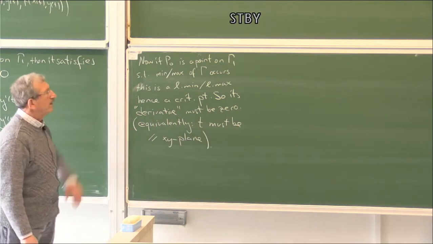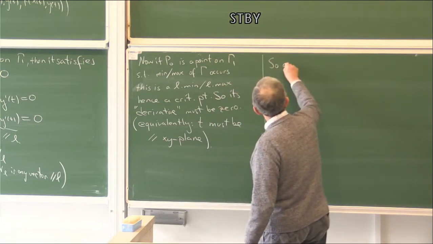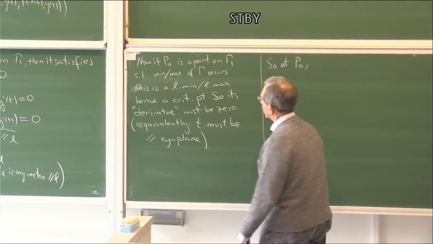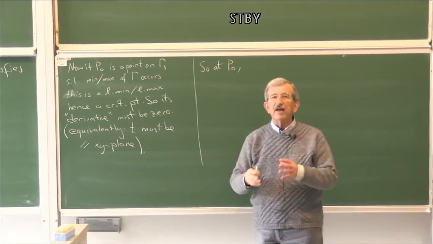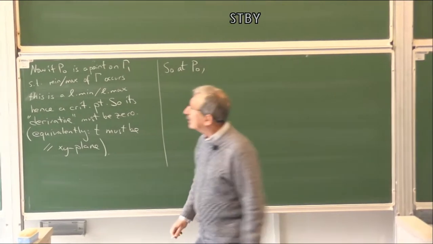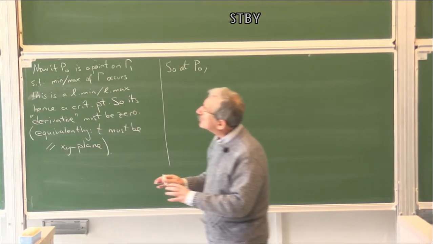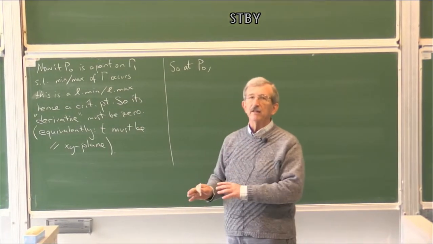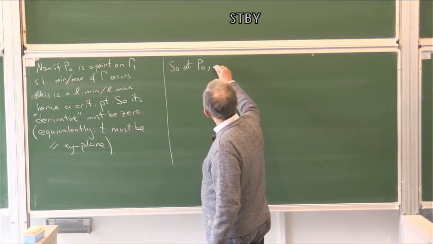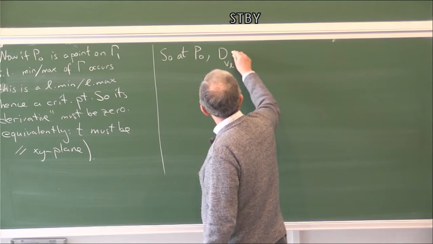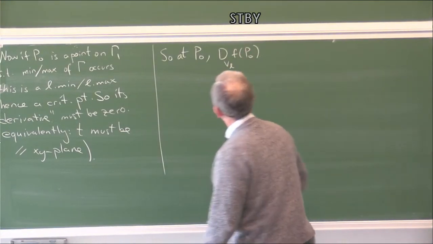Now, either way, we observe the following. At P0, let us take the first one, the derivative. Well, what is the derivative there? This derivative is the derivative of the function in the direction of VL. So at P0, d VL f must be 0.